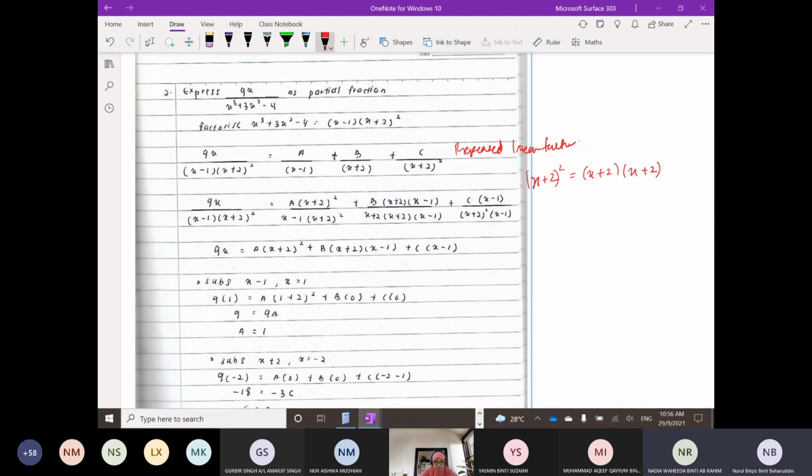Lepas tu kita kena pecahkan dia kepada A, B, C tu. So kita kena darabkan dekat denominator yang tak ada.